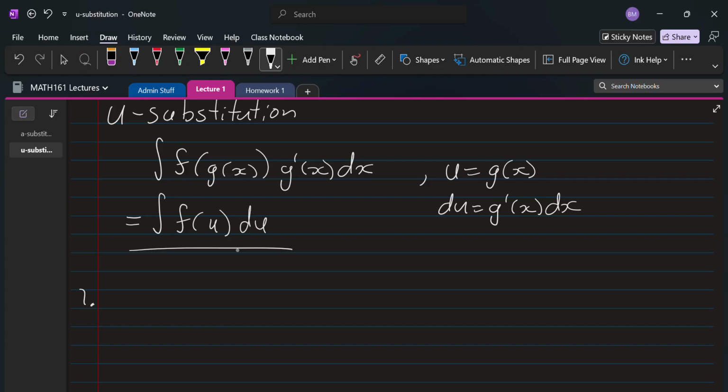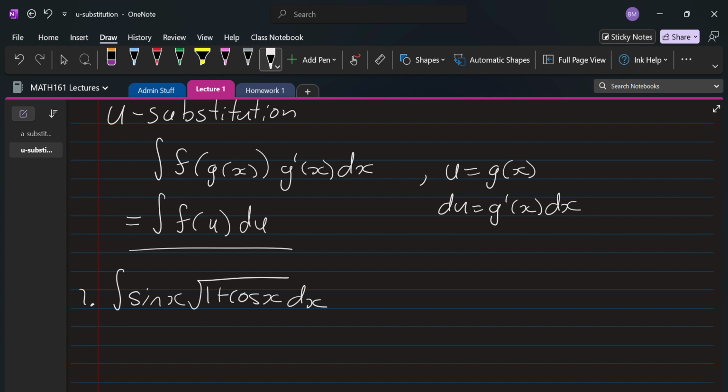Okay, so number 1, we have the integral sine of x square root of 1 plus cos x dx. We have a couple choices for u. However, we've only got one part of this where there's an outside function and inside function. We've got the square root, that's outside, 1 plus cos x, that's inside.